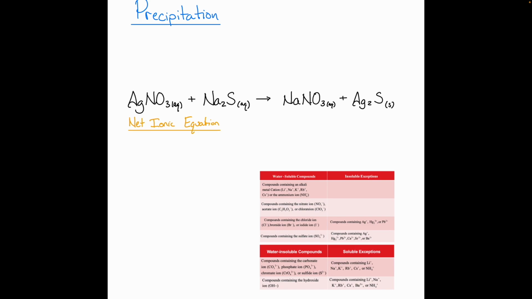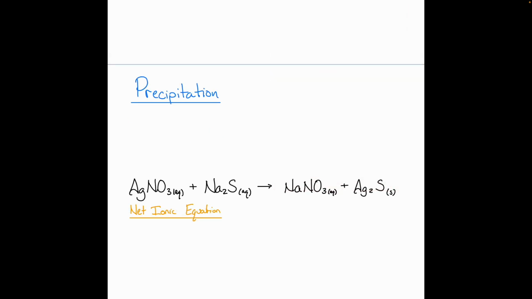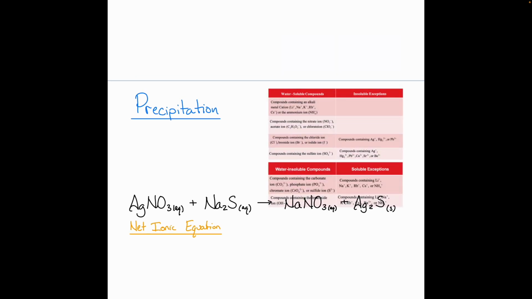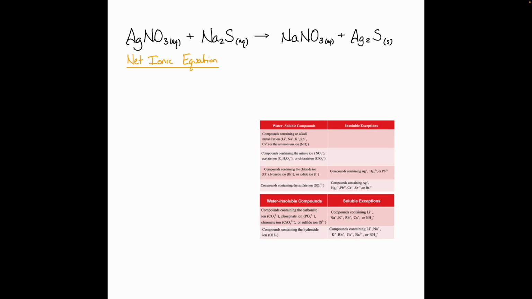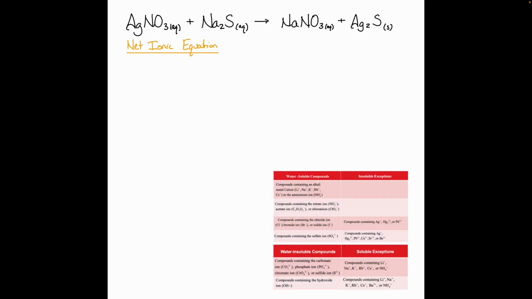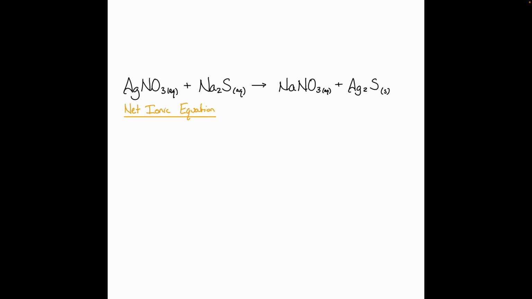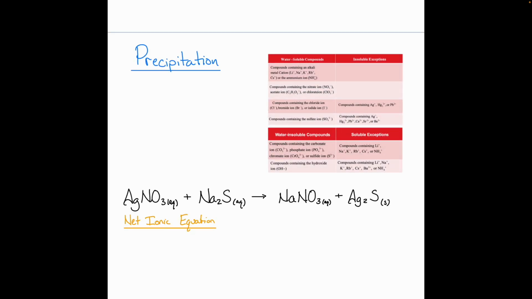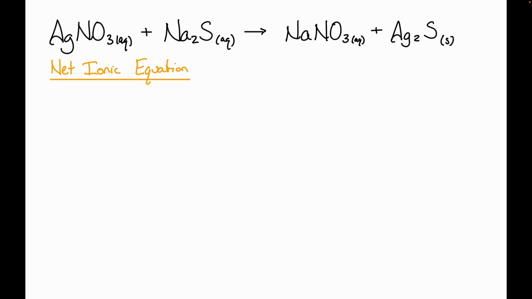Okay, so now I need to take this and do my net ionic equation. Which one of these in my chemical equation am I not going to break up? That's the solid, right?